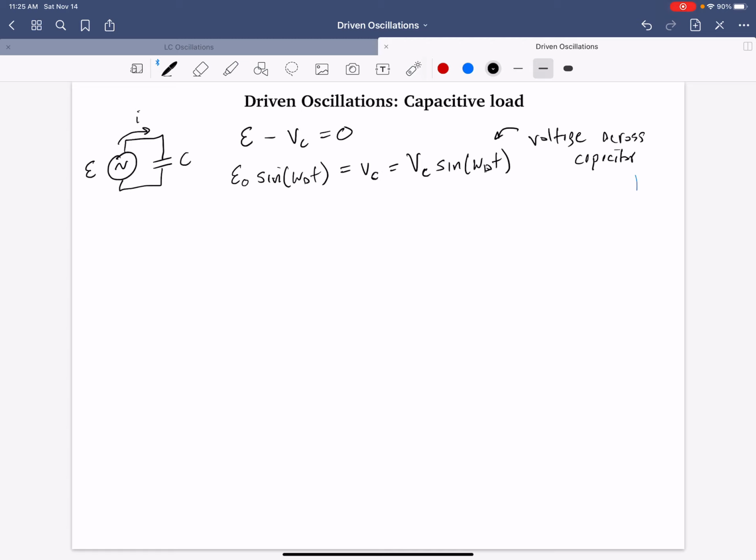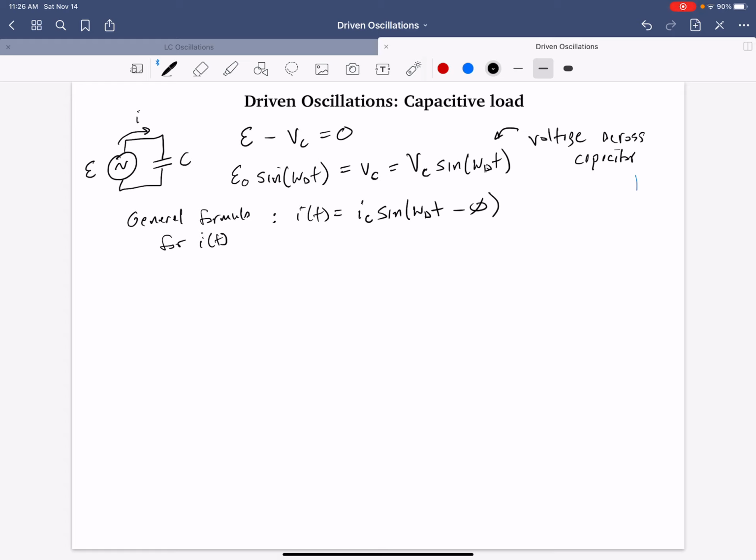So remember the general formula for the current as a function of time is the current through the capacitor, I sub C, times sine of omega t minus phi. This is always the general form. So we want to try and get the current in this form.